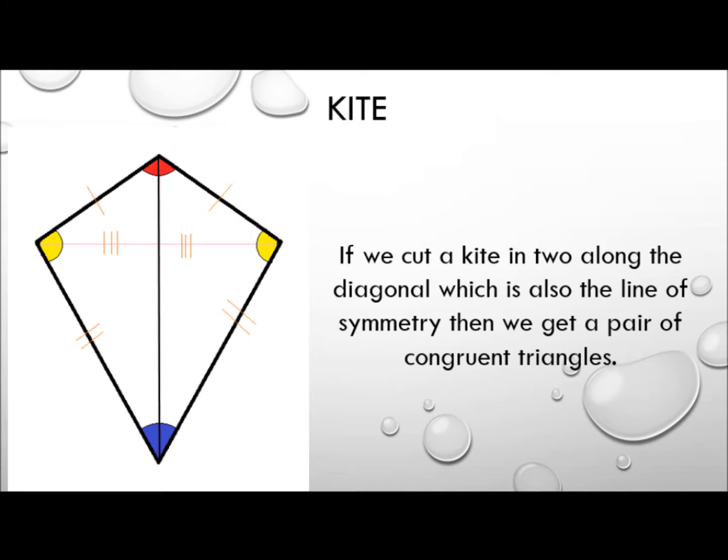Now that does not mean that they're going to be isosceles triangles or equilateral triangles. We can't really say what type of triangles they are, but we can say that they are exactly the same as each other.